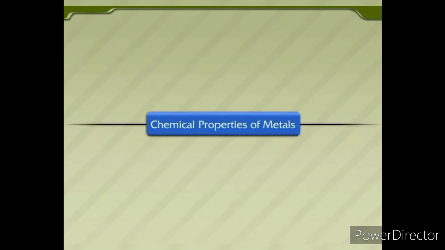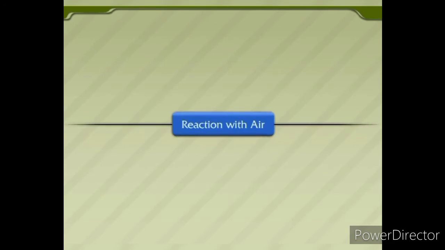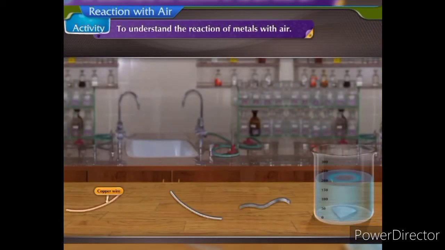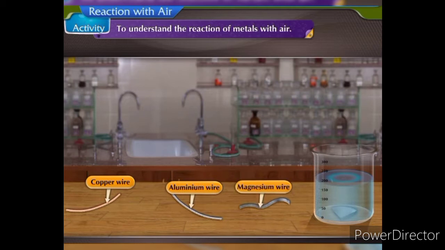Chemical properties of metals. Reaction with air. Take a copper wire, an aluminium wire, a magnesium wire, and a piece of sodium. Let us heat all the metals one by one.